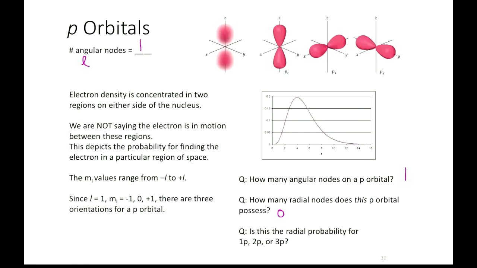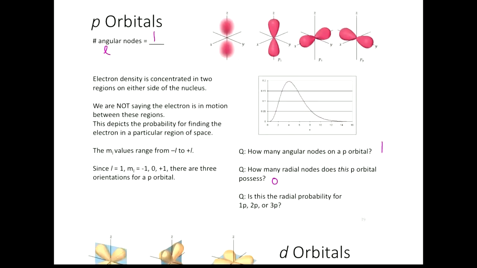So this question is basically asking, what p orbital has 0 radial nodes? It's a p orbital, therefore L equals 1. So we use that same equation: the number of radial nodes equals n minus L minus 1. So we just plug in what we know, okay?